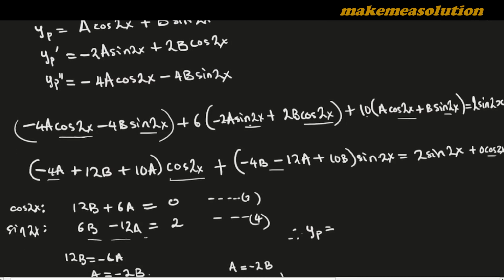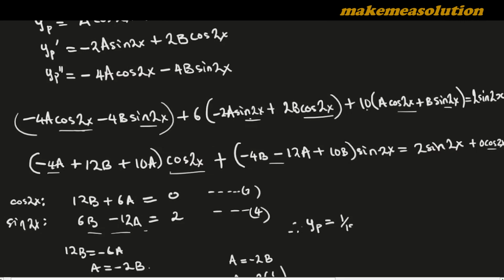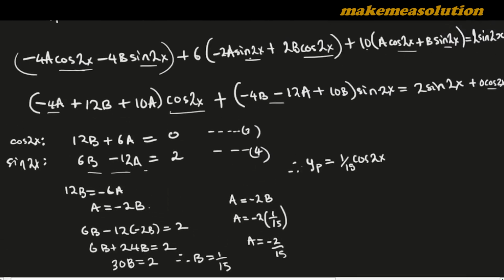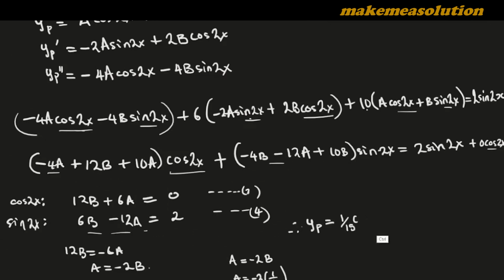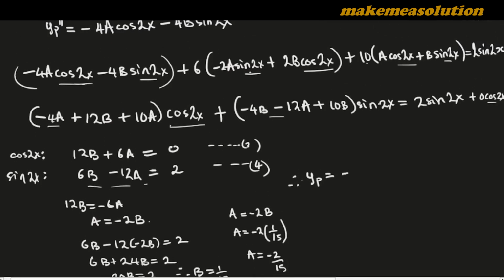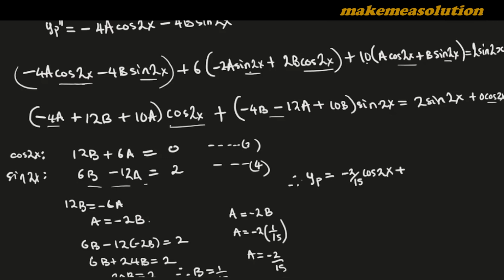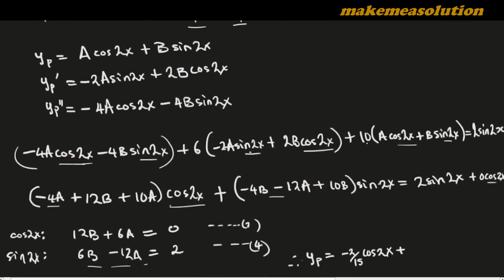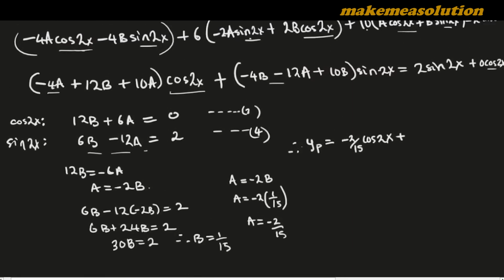So a cos 2x, sorry about that, a is negative 2 over 15, so we have negative 2 over 15 cos 2x, and plus b is 1 over 15 sine 2x. Is that okay?